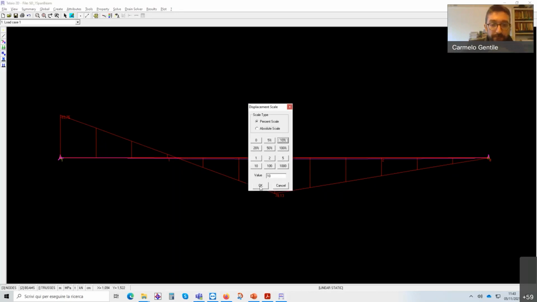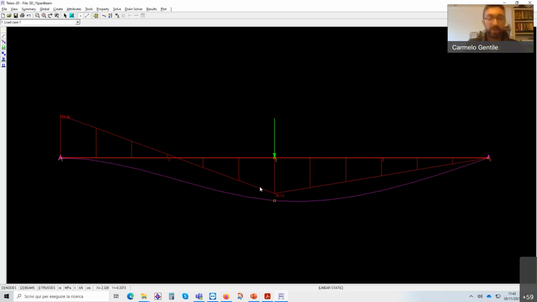There is a very nice consideration we can make about the sign of the bending moment associated with the curvature, because we have always said that bending moment is proportional to the curvature. But a positive bending moment, where by positive we mean one that induces tensile stress at the bottom and compression at the top.